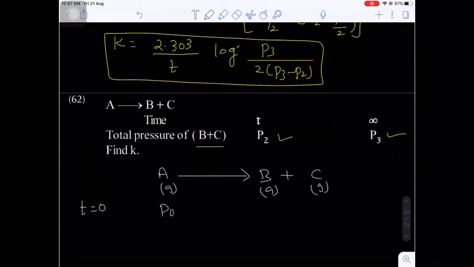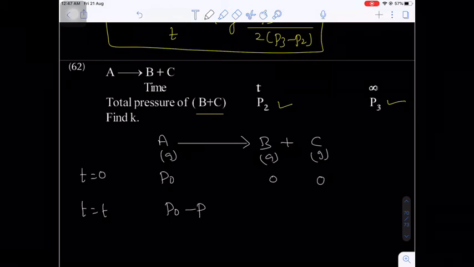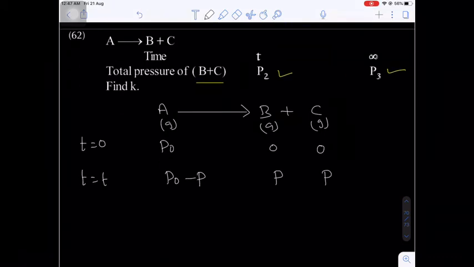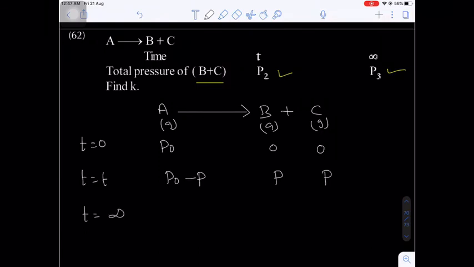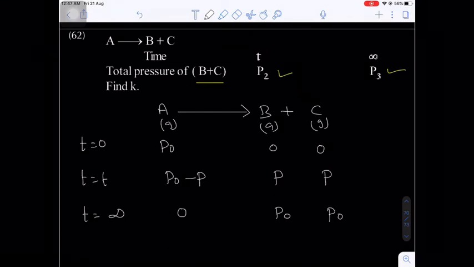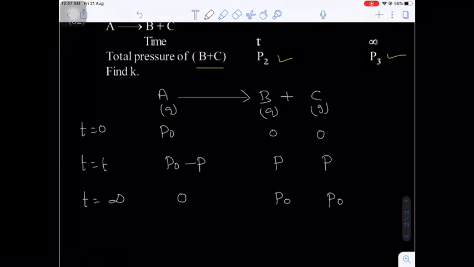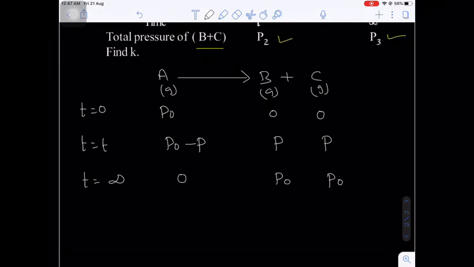The initial partial pressure of the reactant is P0, and the products are 0, 0. At a certain time T, let's suppose P atm decomposes, according to which P atm of B and P atm of C will be formed. At sufficient time, the reactant completely decomposes and products are formed in the 1:1 ratio, so I write P0, P0 as the partial pressures of B and C.